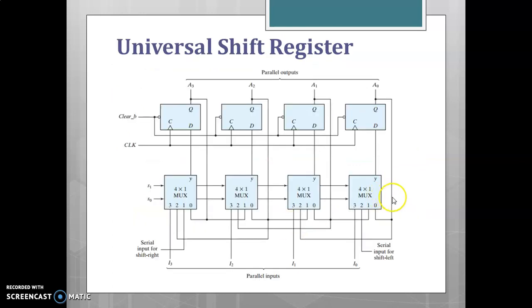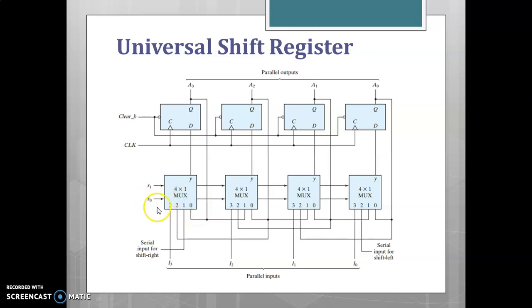So the diagram shown here consists of 4 flip-flops and 4 4-input multiplexers. S1 and S0 represent the selection inputs of the multiplexers. So this S1, S0 is used to select one of the 4 inputs of the multiplexer. When S1, S0 is 0, 0, the input 0 is selected.